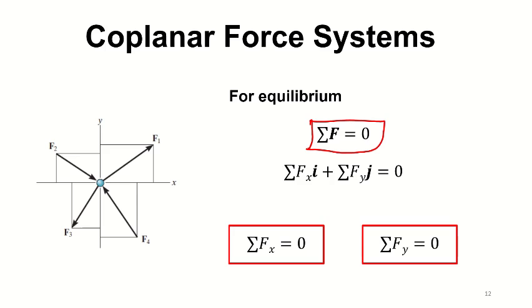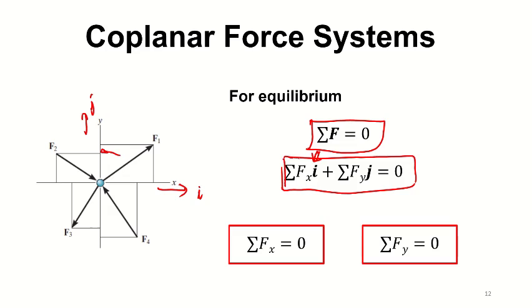If we resolve all these forces into the two-dimensional axes x and y, where the unit vector in the x direction is i and the unit vector in the y direction is j, then we can express this equation as sigma Fx times i, the resolvement of the forces on the particle in the x direction, plus sigma Fy times j, the resolvement of all the forces in the y direction, equal to 0.